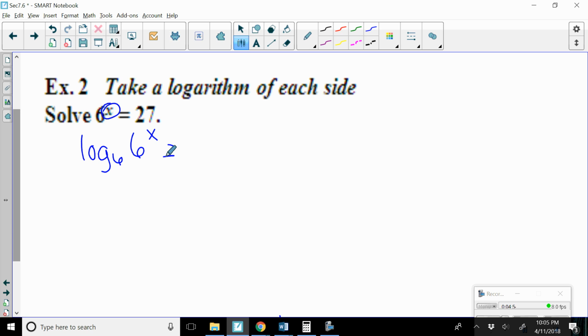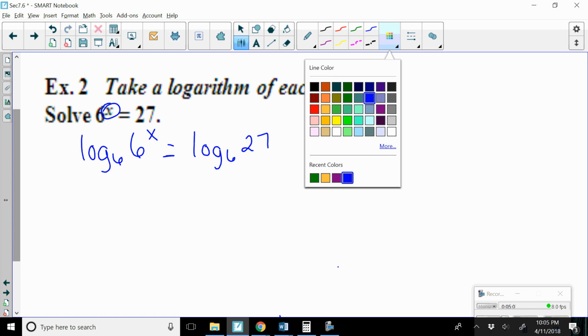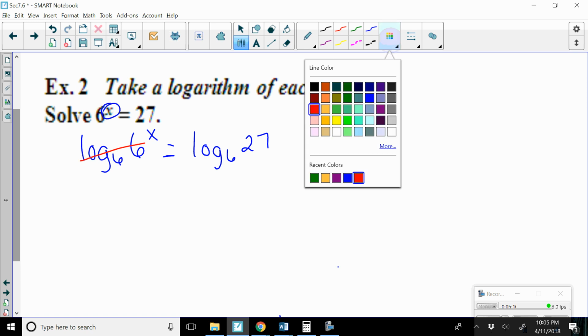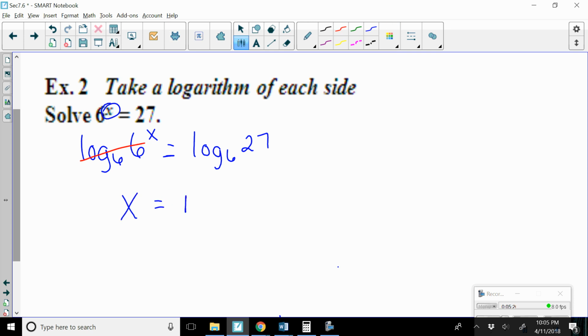So if we take log base 6 of both sides, we have log base 6 of 6 to the x power is equal to log base 6 of 27. Using our inverse property, log base 6 of 6 cancels out and is just equal to x. So we're left with x equals log base 6 of 27.